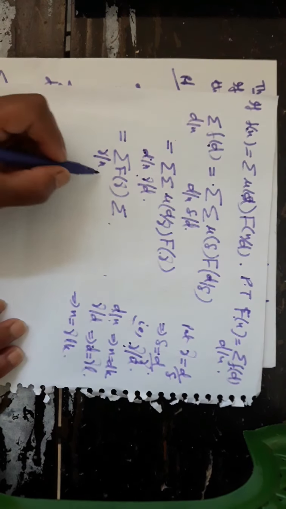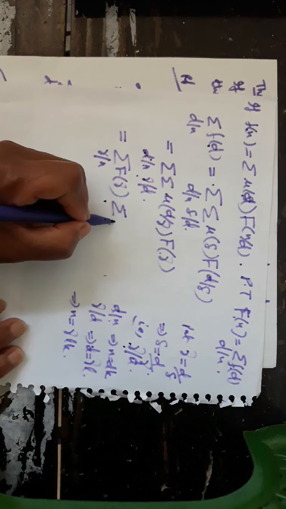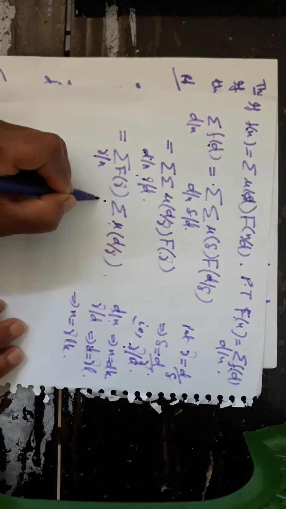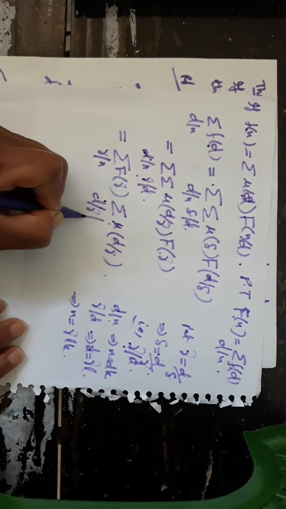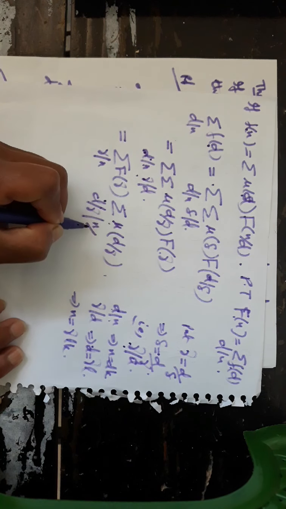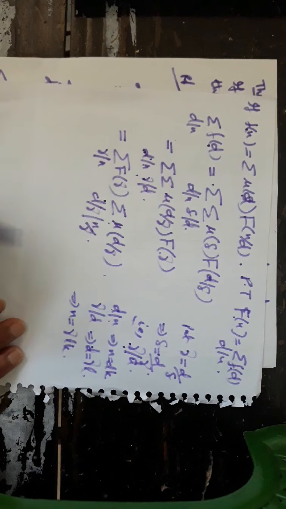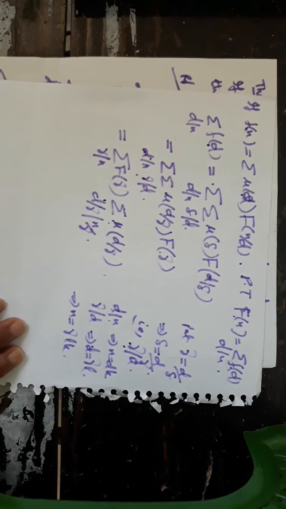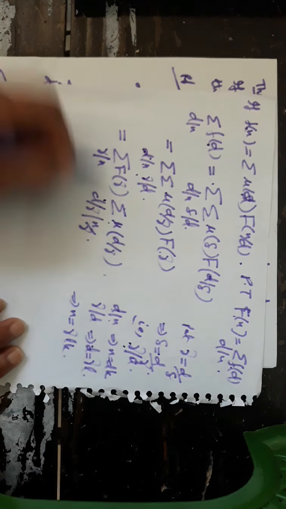So here we have the summation of mu of d by gamma, where d by gamma runs over the divisors of n by gamma. By interchanging the order of summation, we get this one.